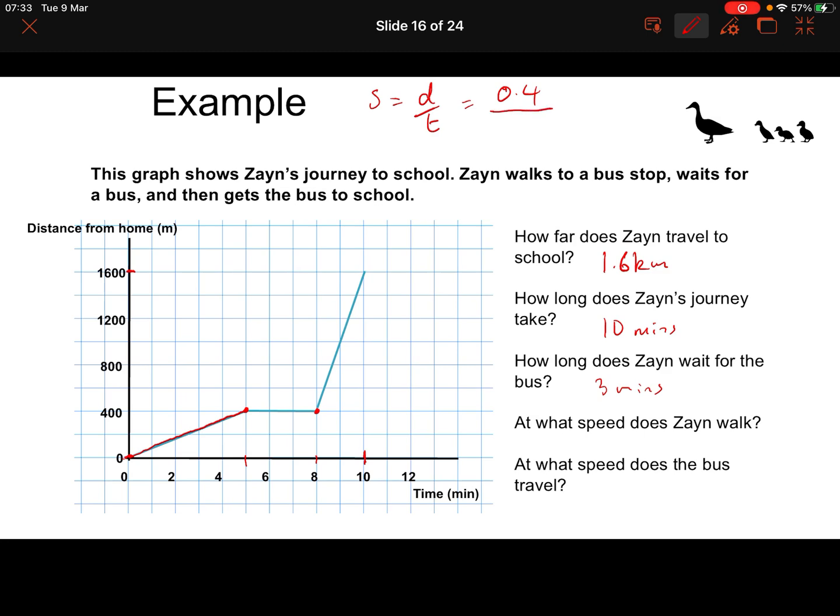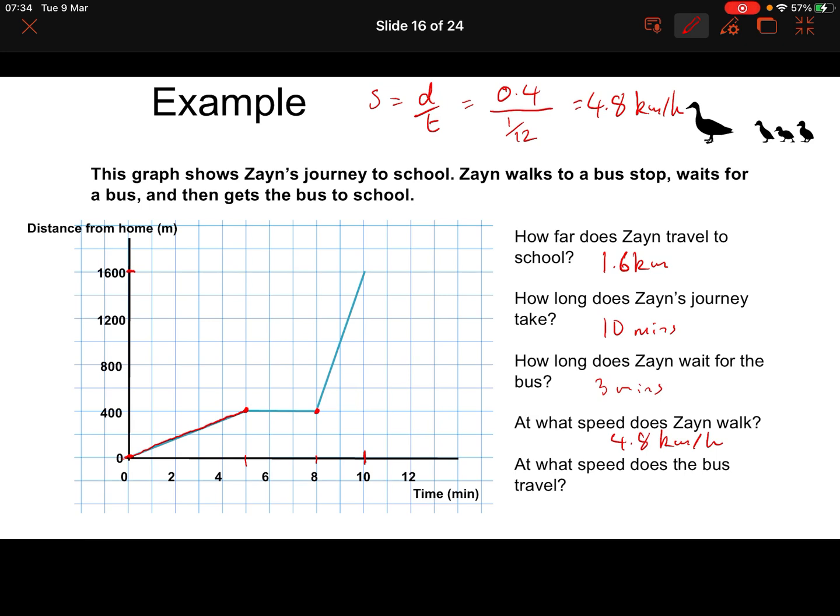So that's 5 divided by 60, which is 1 over 12. Okay, so I need to do 0.4 divided by 1 over 12, which is 4.8 kilometers per hour. That is a very reasonable pace to walk at. 4.8 kilometers per hour. Okay?